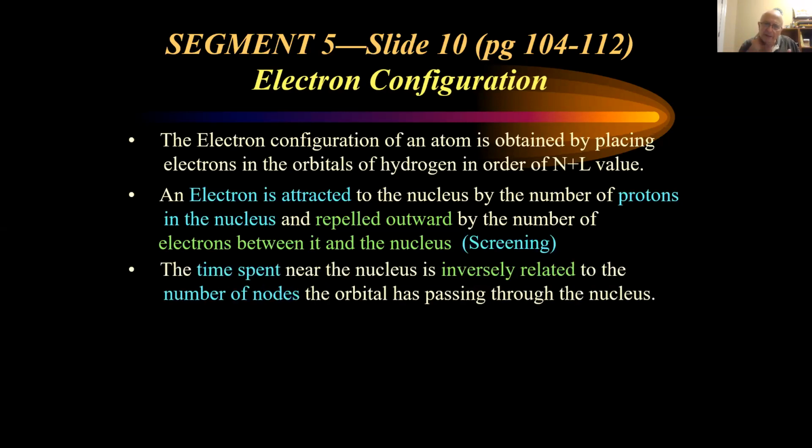Now, the time that an electron spends in some region of space depends on the number of nodes that that electron has. You can imagine that if you look at an electron in an orbital, if that orbital has no nodes in it, that electron can go right into the nucleus.